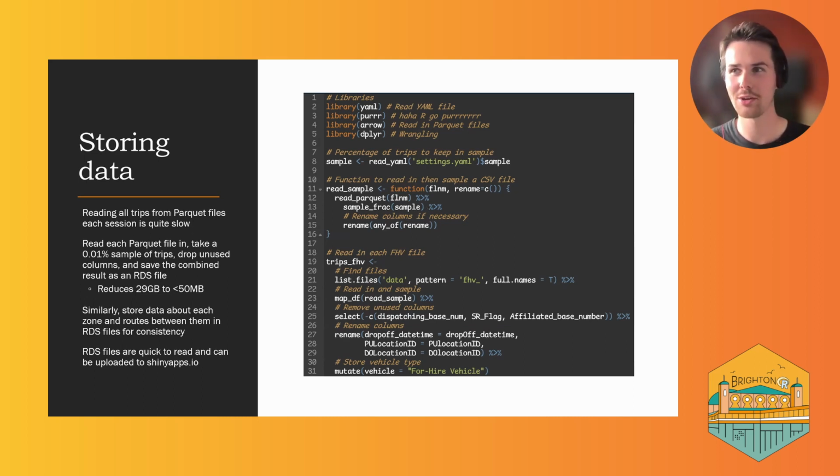Sorry, no live code demos here, but the code is on GitHub later if anyone wants to take a closer look. And you can see here we're just finding all of the files that we've downloaded in that previous script with list.files, and then using purrr's map_df function to return this combined list of all these combined data frames from the Parquet files.